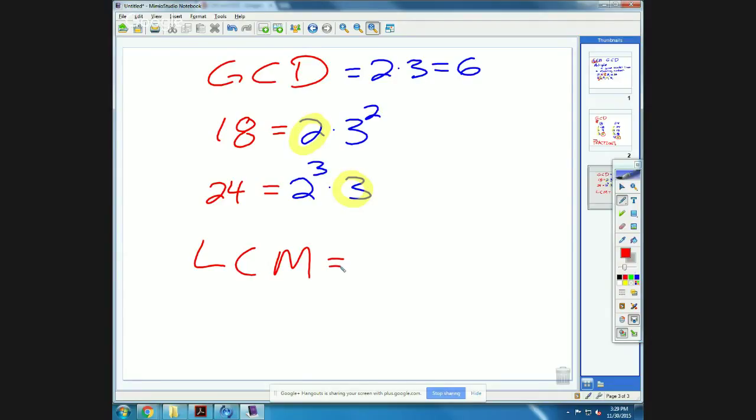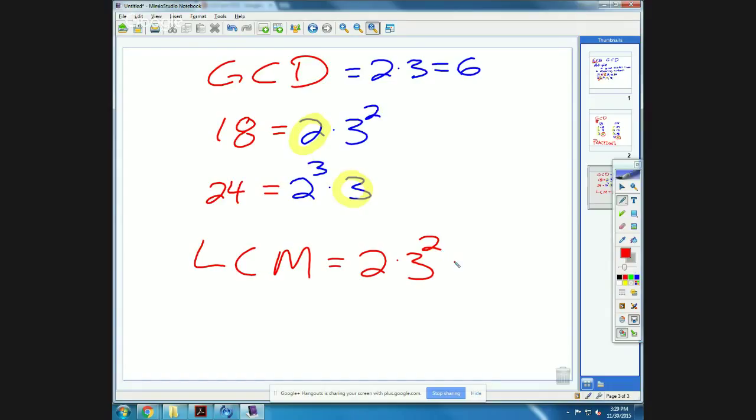To be a multiple of 18, 18 says you better have a 2 times a 3 squared, because that's what I am. To be a multiple, I can then multiply that by anything I want, and I'm good. Let's look at 24's perspective. 24 wants a 2 cubed times a 3. Do I have enough 2's written down yet? Not yet. I need some more 2's.